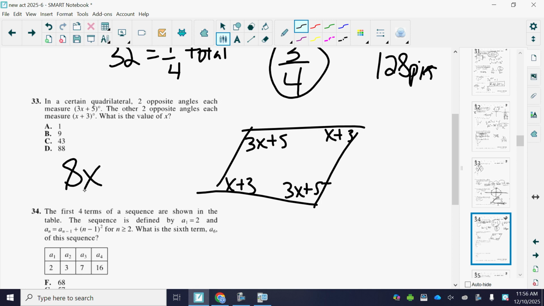So 6x plus 2x, 8x plus 16 is 360. Please, somebody do that on the calculator for me. 360 minus 16 divided by 8, 43.